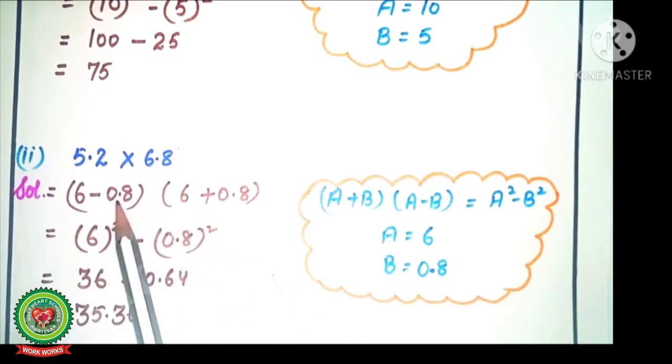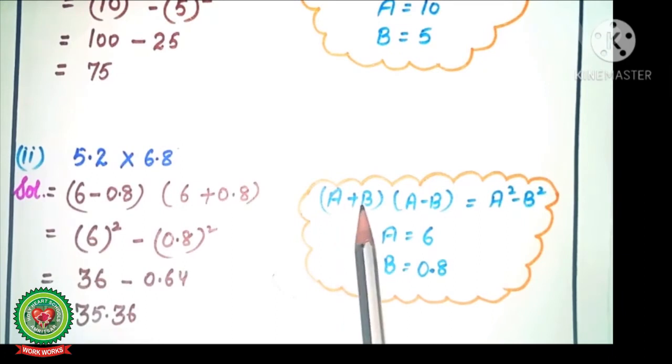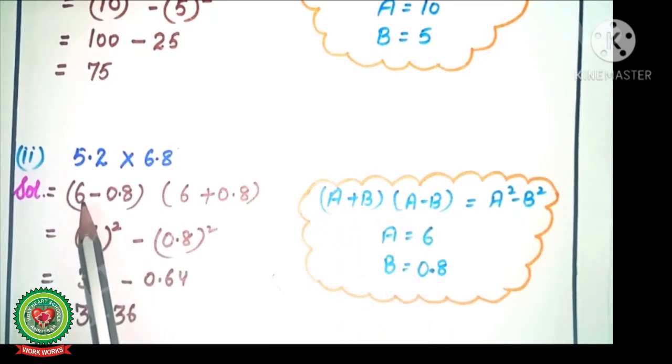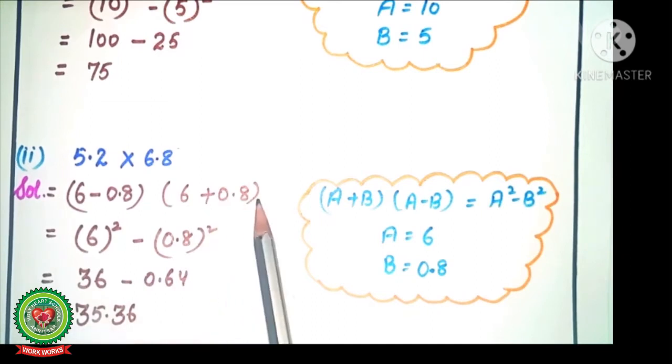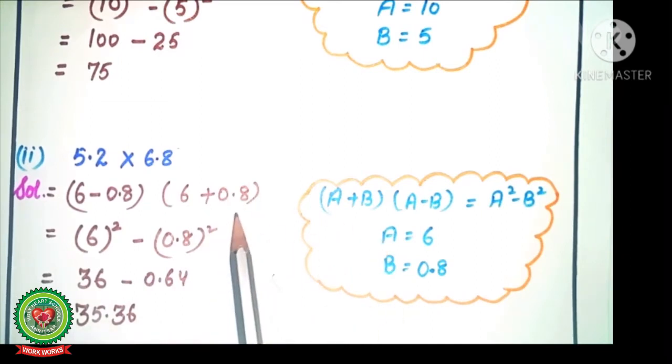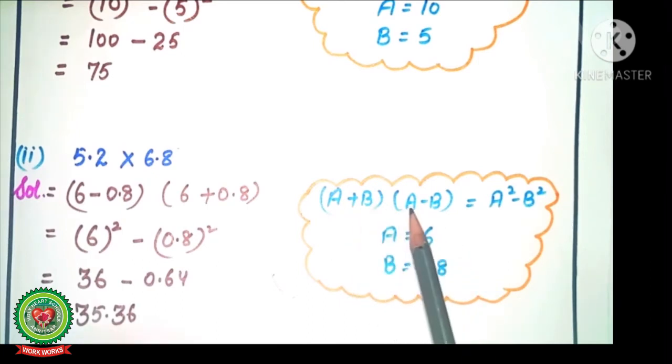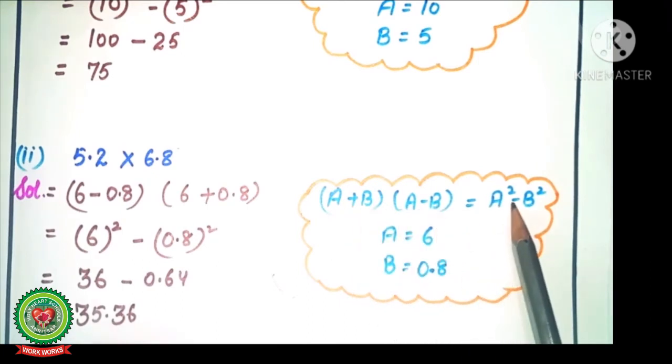Now if we compare this with the given formula, we get (a plus b) into (a minus b). Here students, you can see I have written 6 minus 0.8 at first place and 6 plus 0.8 at the second place. That doesn't affect the formula. The formula will remain the same. (a plus b) into (a minus b) is equal to a square minus b square, right? So a is equal to 6 and b is equal to 0.8.